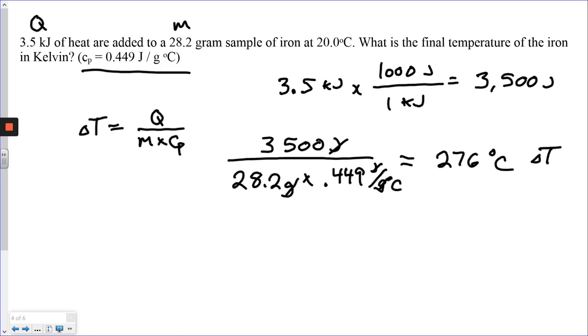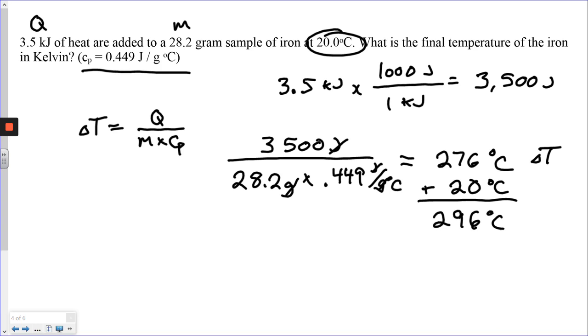Well, if we go back and look at our original problem, we started at 20 degrees Celsius. So to find out what my final temperature is, I just need to add that 20 degrees Celsius to our change in temperature. And we see that our final temperature in Celsius is 296 degrees Celsius.